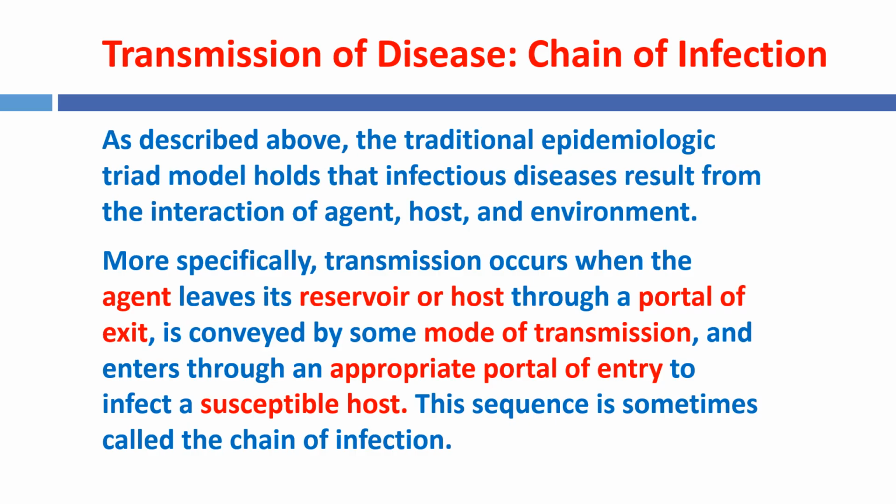More specifically, transmission occurs when the agent leaves its reservoir or host through a portal of exit, and then it is conveyed by some mode of transmission and enters through an appropriate portal of entry to infect a susceptible host. This sequence is what we call the chain of infection.